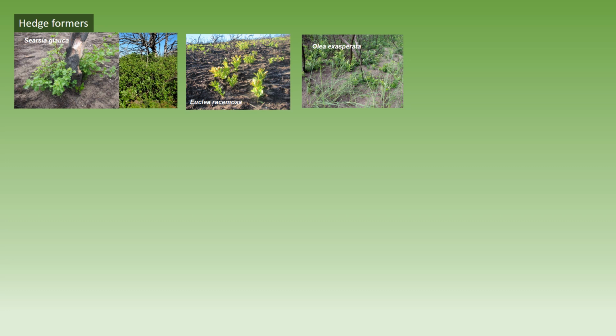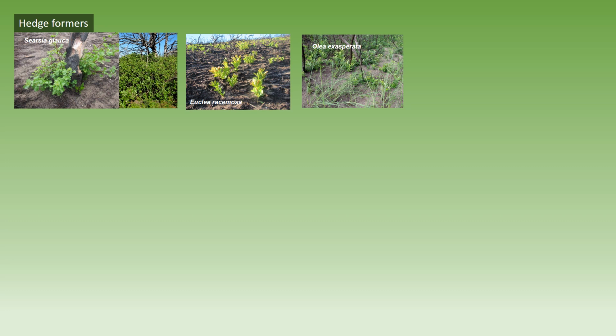Some species are very vigorous sprouters, others are less vigorous sprouters, but that doesn't seem to be associated with the architecture. So you can have hedge formers, not many, but perhaps one or two that are not very vigorous sprouters, and you can have vertical growers that can be vigorous sprouters.